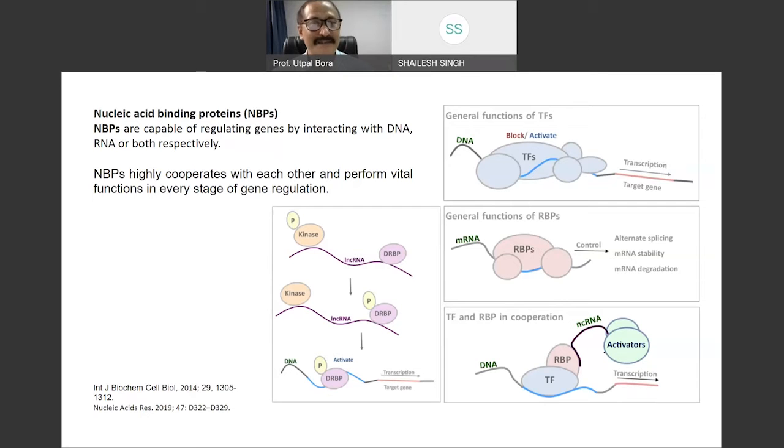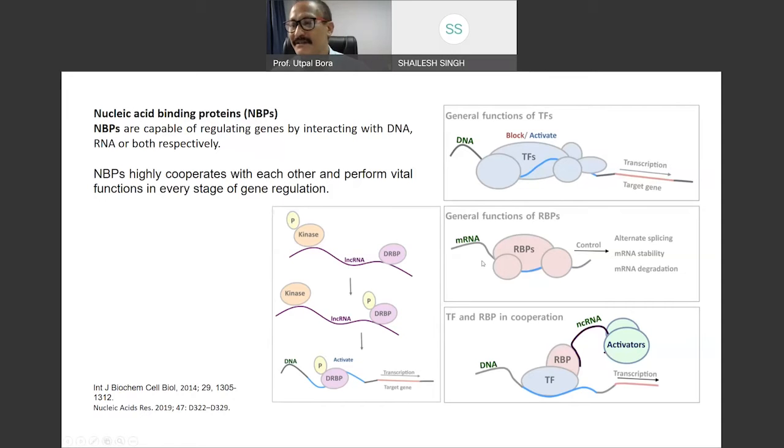Now, out of these, only a few proteins, or a percentage of proteins, are capable of regulating genes by interacting with DNA, RNA, or both. To do this, these nucleic acid binding proteins act in a cooperative manner with each other and perform vital functions in every stage of gene regulation.